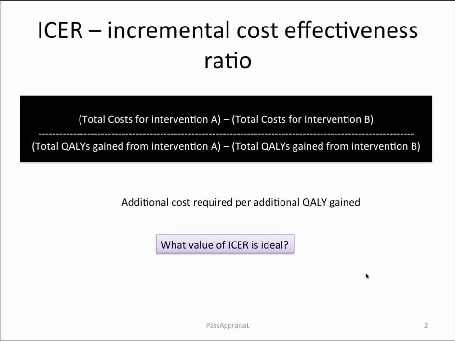In other words, on the basis of ICER, when will you consider a treatment option to be cost effective? To answer this question, we must look at a figure called cost effectiveness plane. This helps us to visualize the additional cost required per additional unit of improvement in a two-dimensional space.